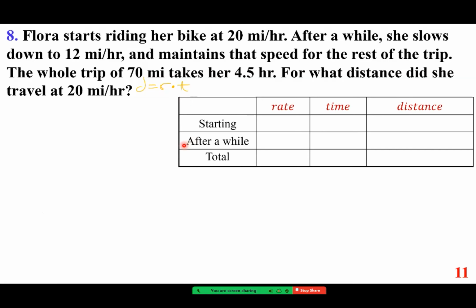We start at 20 miles per hour. That's our speed or rate. So we put 20 miles per hour here. After a while, okay, we go to 12 miles per hour.